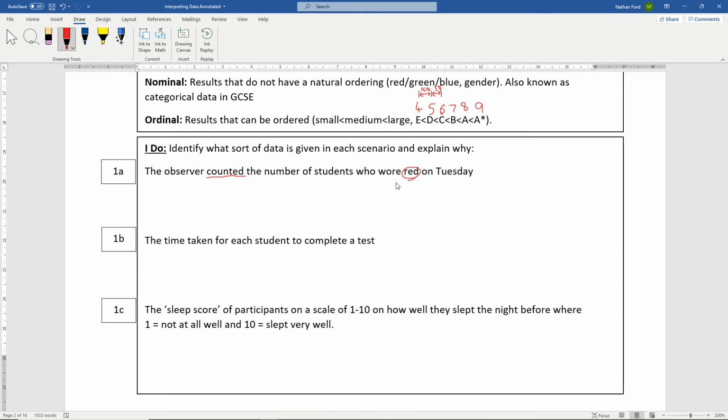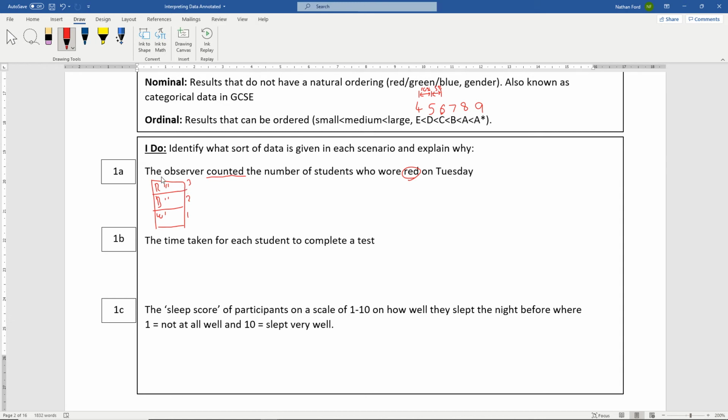We are observing red. So in my survey, I might have a tick sheet and I'll be taking down, are they wearing red? How many people are wearing red, how many people are wearing blue, how many people are wearing white. I could be doing a tick sheet as I'm doing this. I'm going to get a tally, so I'm going to get a number, 3, 2, and 1.